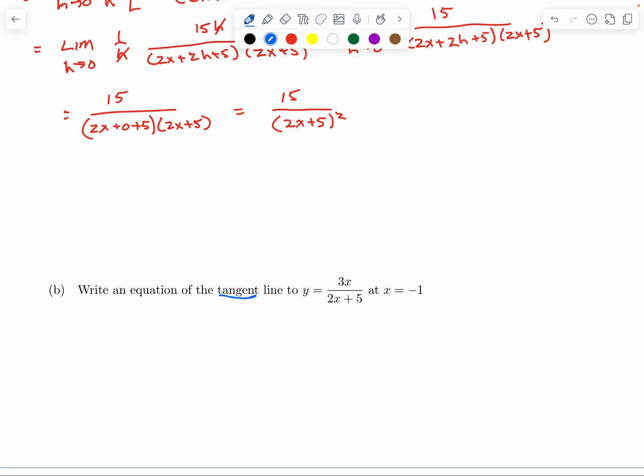So just a little note for tangent lines. Plug x into the original to get the y value.